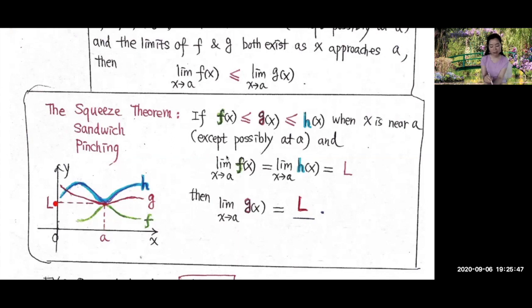Because g is being squeezed by h and f, it has to go to the same limit at a. So that's why it's called the squeeze theorem. Or you think about it as g being sandwiched between h and f, so it's forced to have the same limit at a, which is also equal to L.